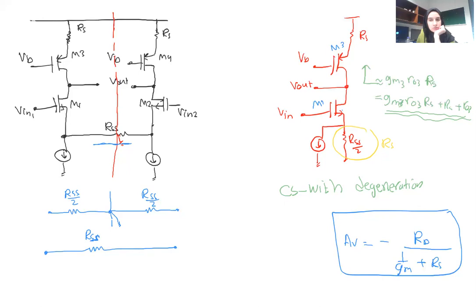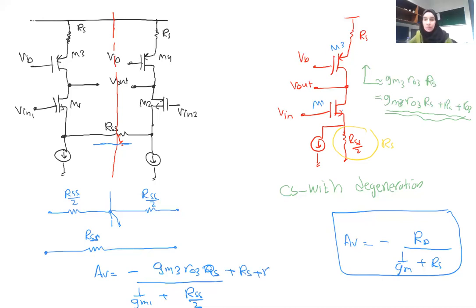Any question on this? So the gain will become minus GM3 R out 3 RS plus 1 over GM1 plus RSS over 2 in a simplified way. If you want to be more exact, then add the RS here plus the R out 3.